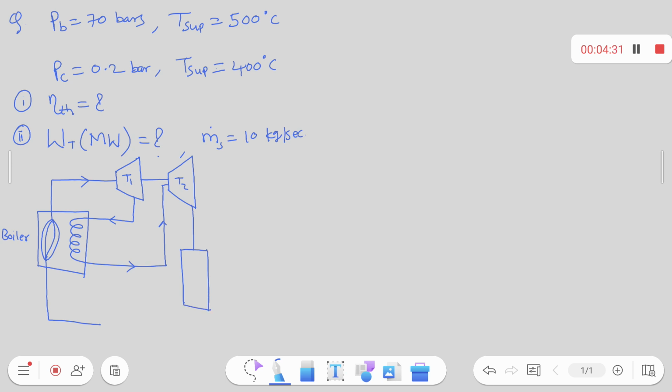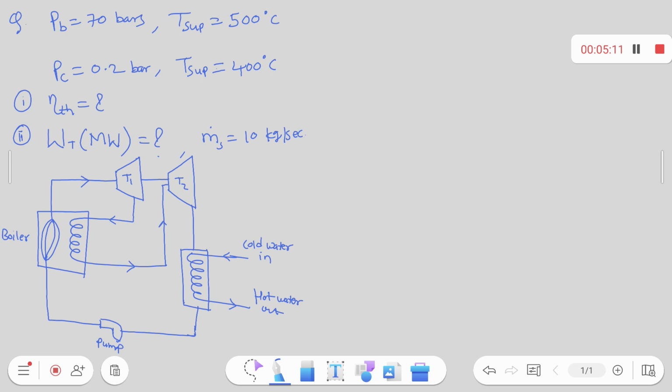Inside the condenser, we are using the cooling water. So here, cold water in, and this is hot water out. This steam will convert into water and after this be sent to the pump.